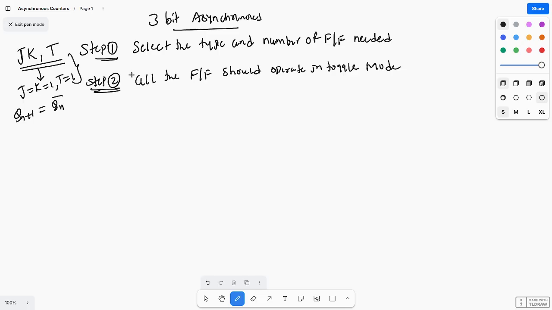And step 3: direct clock is applied to the LSB flip-flop. We already saw this in the last class.